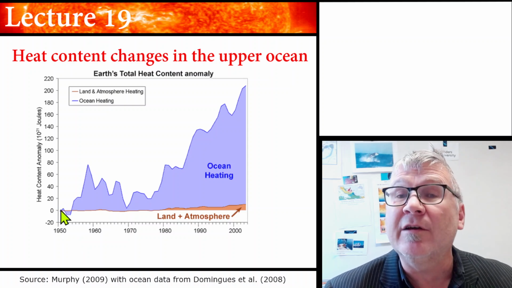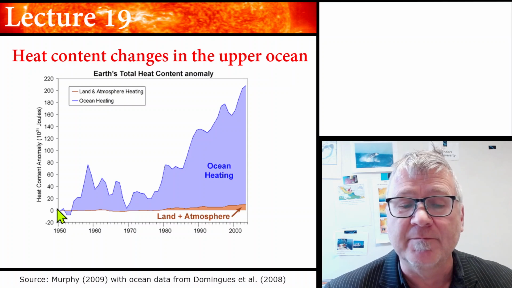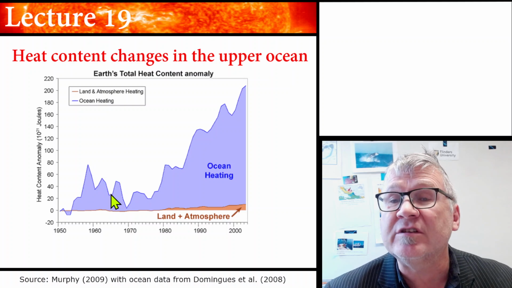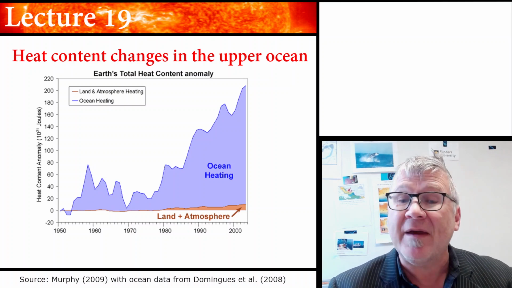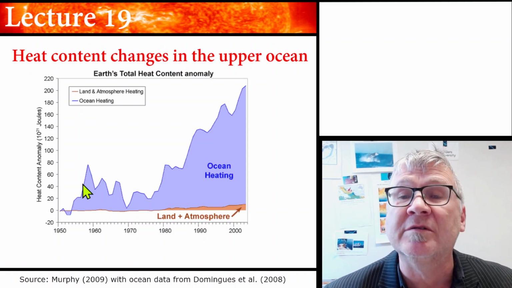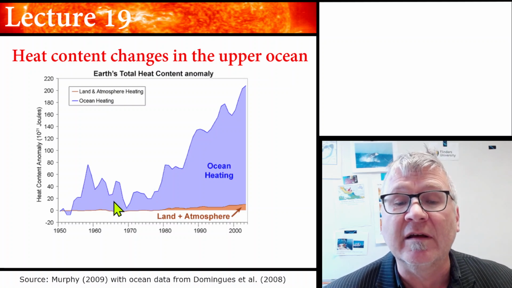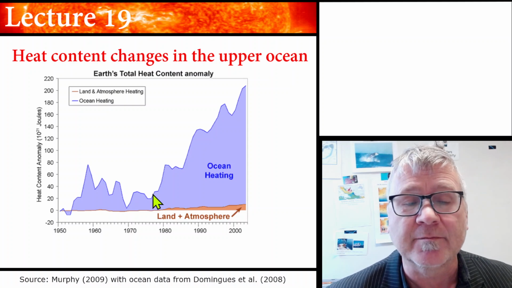The initial reconstruction is not based on Argo floats, it's based on ship-based measurements, and the accuracy is relatively low, but it becomes better as you move later into this time series.